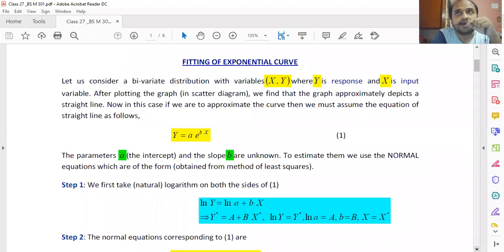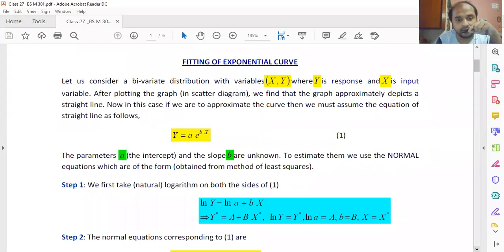So we had equation like y equal to a plus bx, and also y equal to a plus bx plus cx square for second degree polynomial, where we fitted the normal equations. The thing can be linear or non-linear, but there was a plus sign between the terms, a plus bx for linear and a plus bx plus cx square for the second degree.